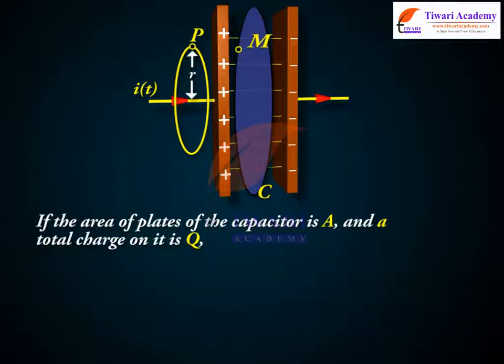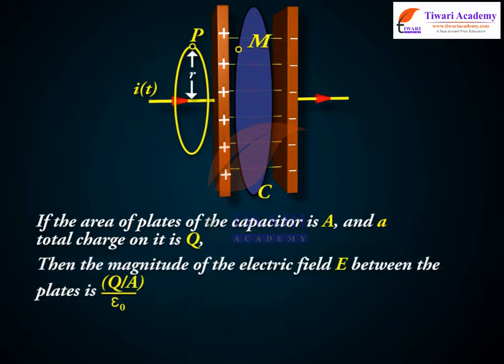If the area of plates of the capacitor is A and a total charge on it is Q, then the magnitude of the electric field E between the plates is Q upon A divided by epsilon naught. E is equal to Q upon A epsilon naught, equation 3.